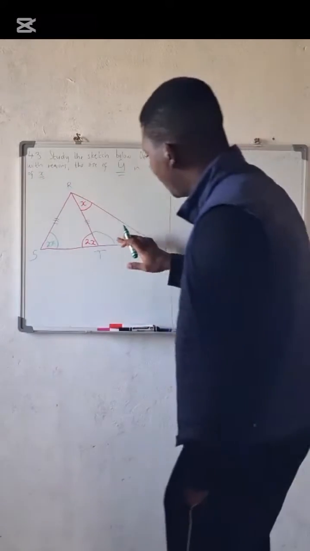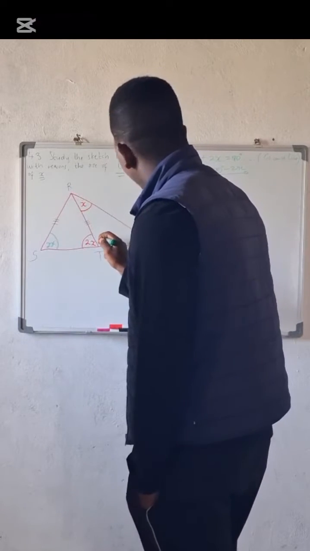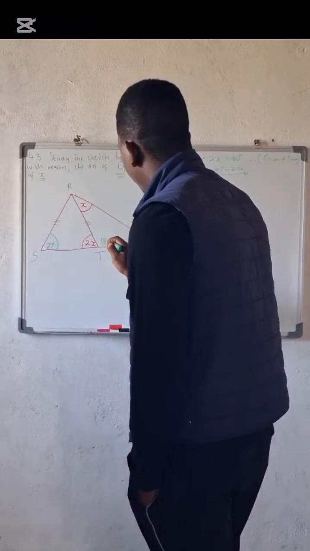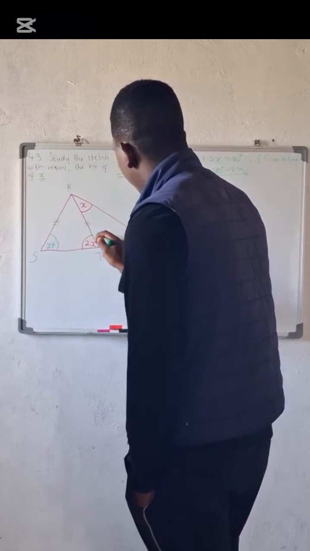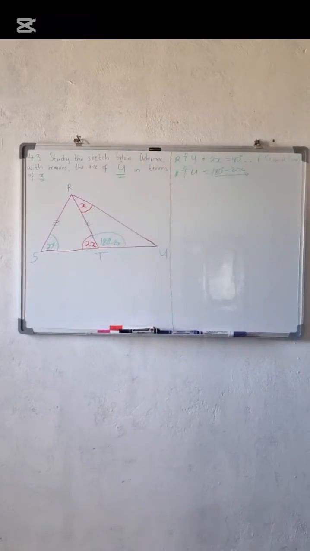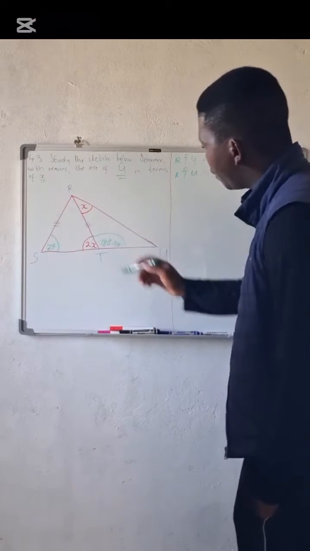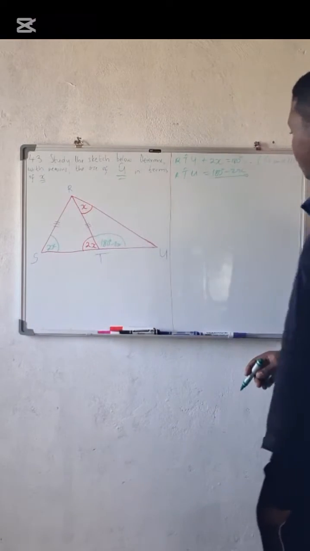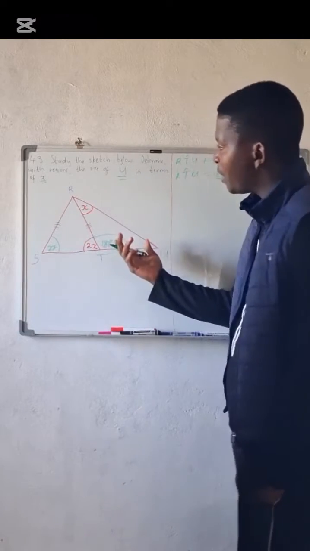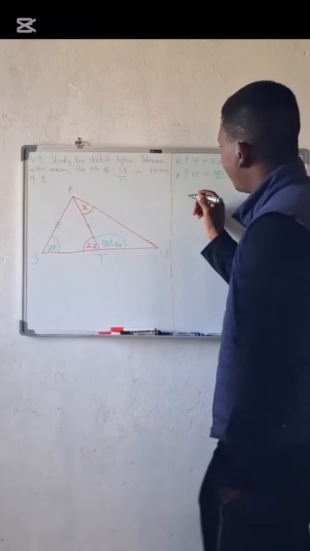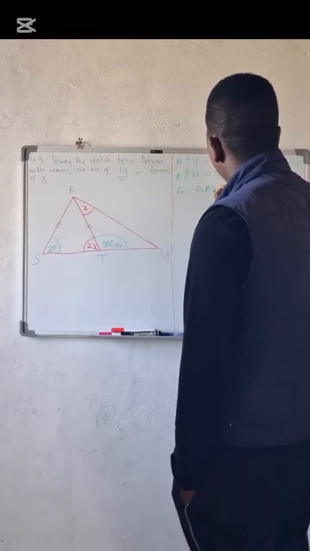RTU is 180 degrees minus 2x. Can you see that? So now I have two angles in this triangle RTU. I have two angles now, so I can find the third one. I'm going to use the theorem for triangle RTU.